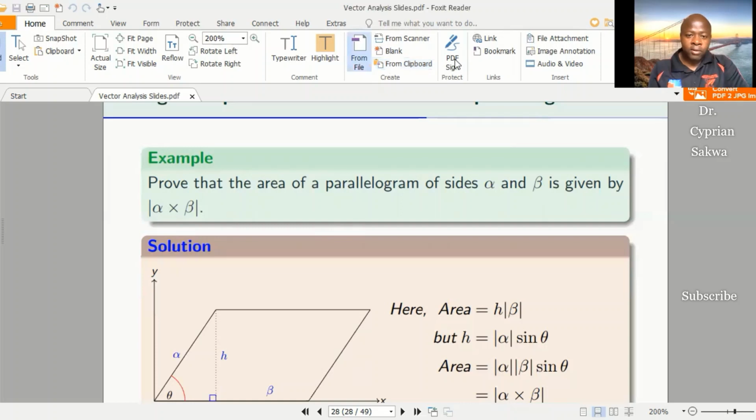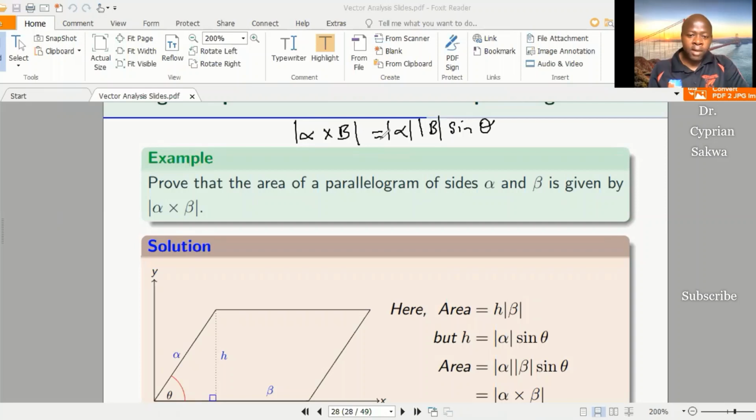Now, just before we proceed, let me remind you that if alpha is a vector and beta is a vector, then the magnitude of their cross product is given by the magnitude of alpha times the magnitude of beta times sine theta, where theta is the angle between alpha and beta.